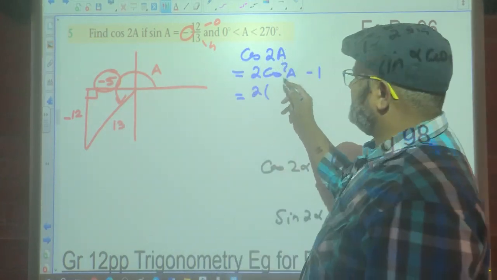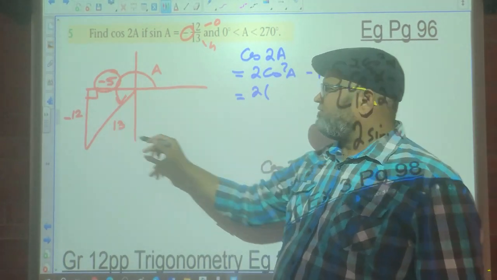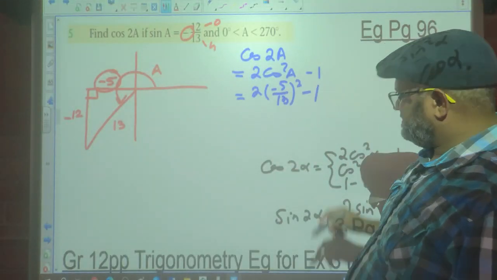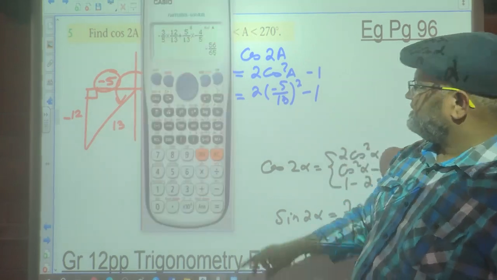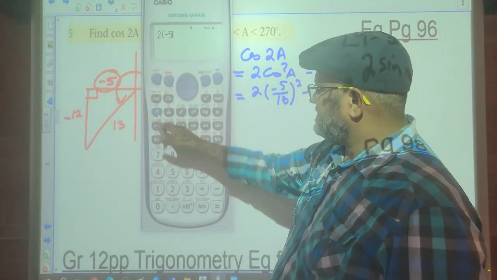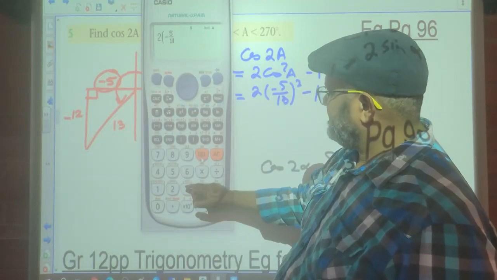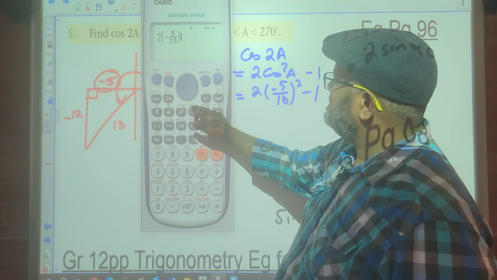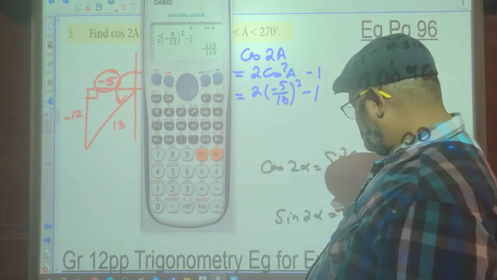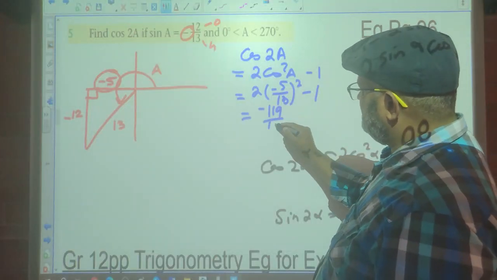So it's 2 into, what does cos stand for? Adjacent over hypotenuse. It's negative 5 over 13 squared, minus 1. So you put that in the calculator, 2 into negative 5 over 13 squared, minus 1. Gives you negative 119 over 169.